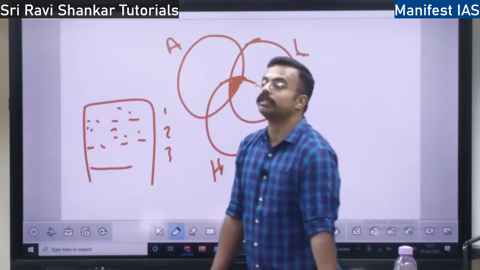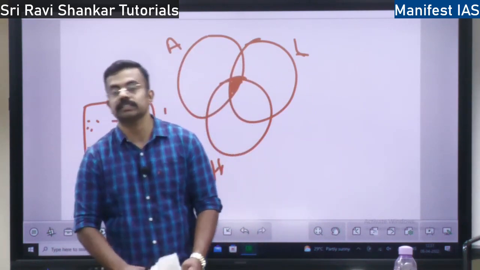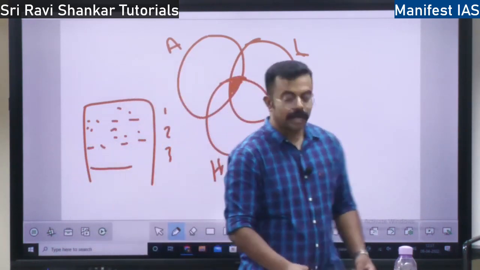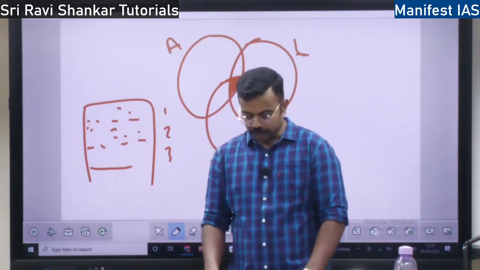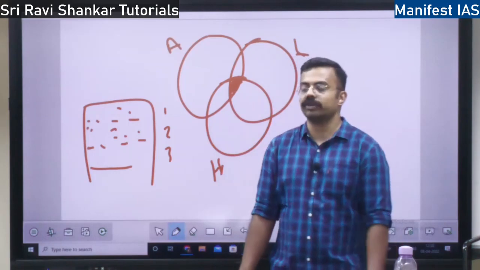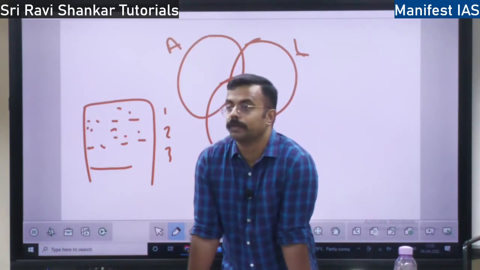Also high mountains like Everest and deepest trenches like the Mariana Trench, you won't find any animals. So there is no uniform distribution. It is not equally distributed across the world.